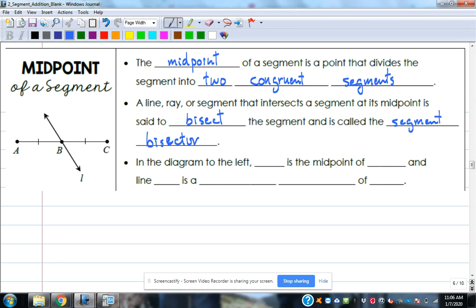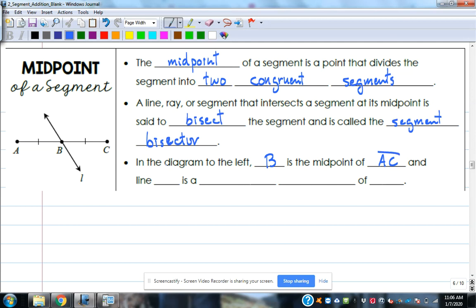So in our diagram over here, let me point out some notation. The larger segment is segment AC, and point B is the midpoint. So point B is the midpoint of segment AC.